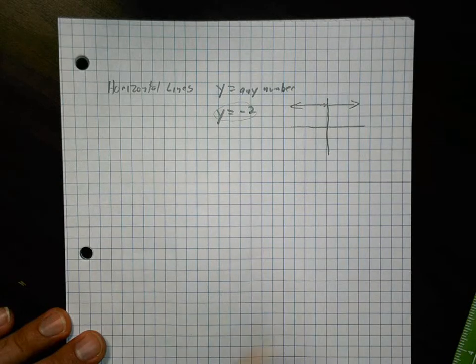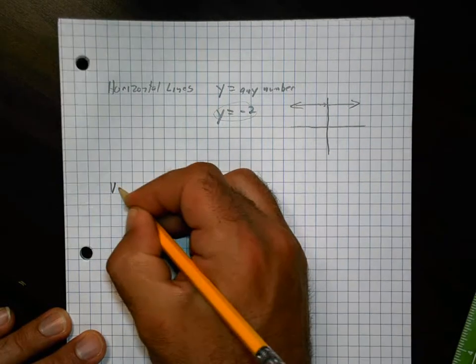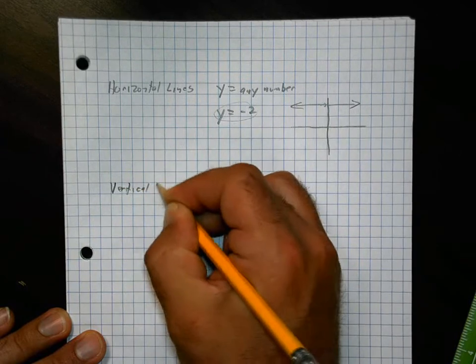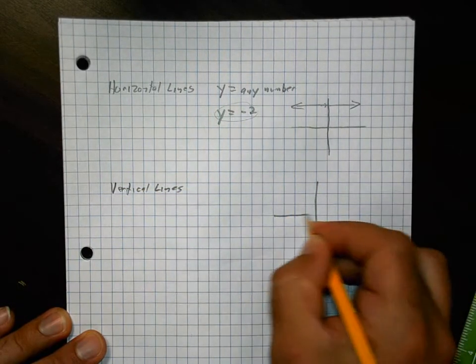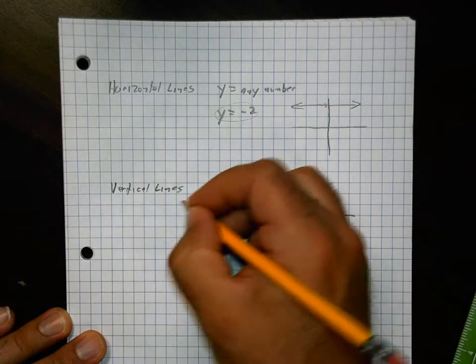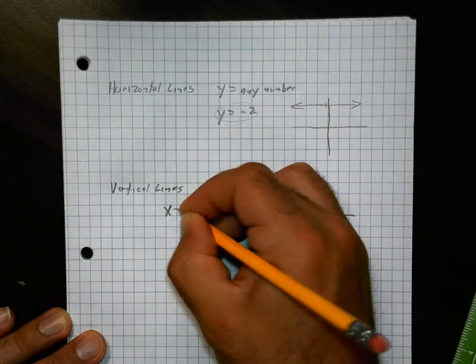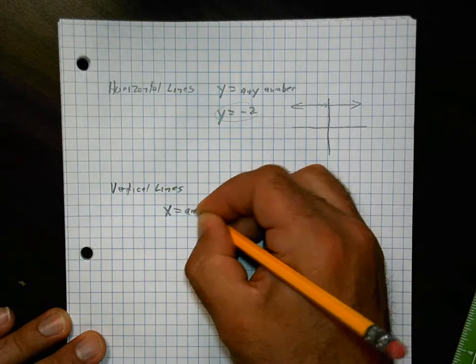Pretty simple. Vertical lines occur when I have x equals any number.